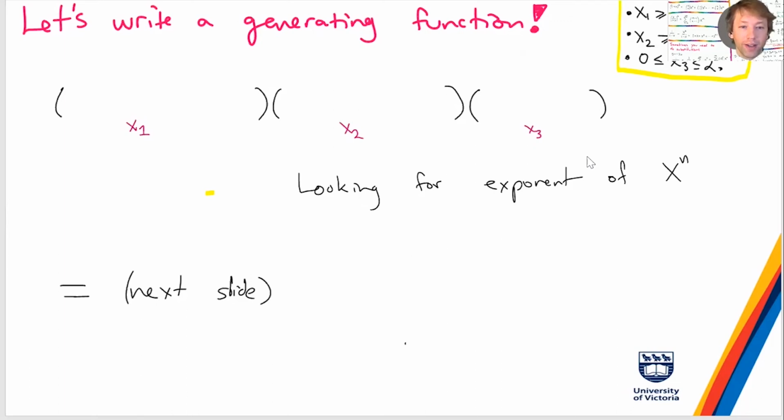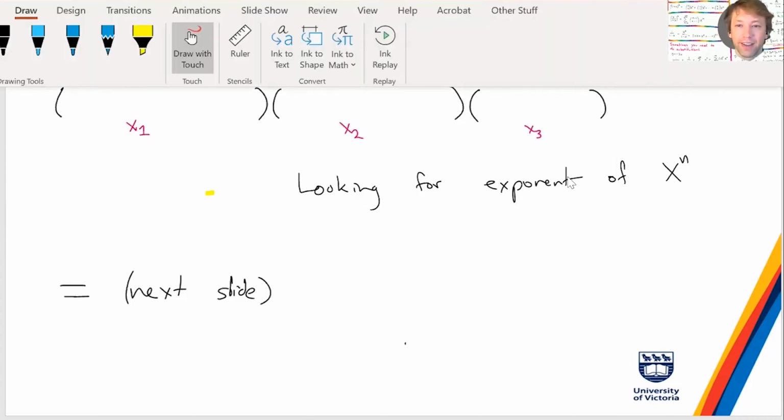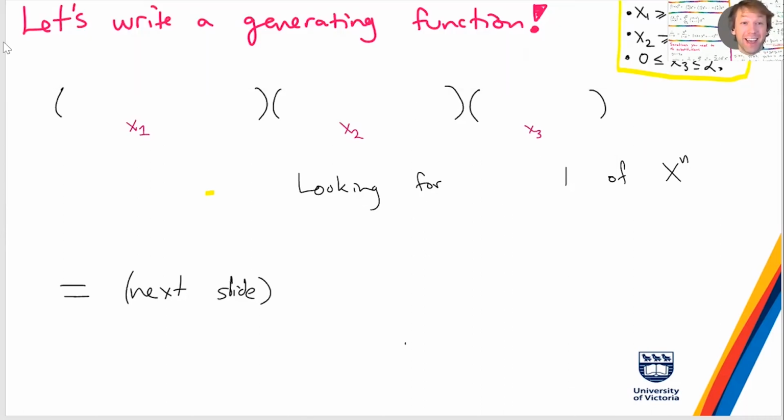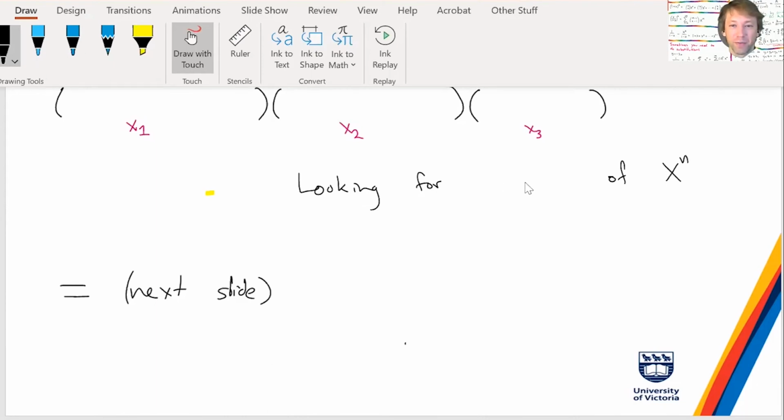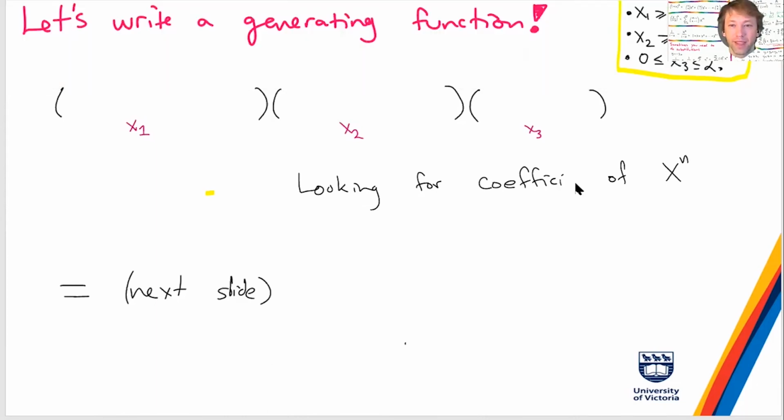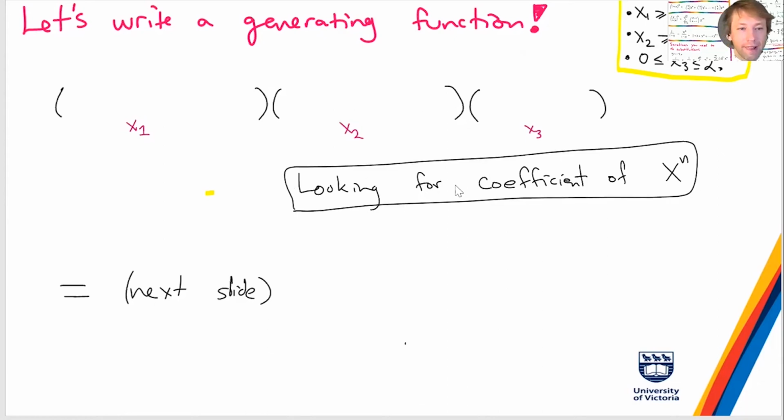Sorry, the coefficient of x to the n is what we want, not the exponent. Sorry if I sometimes get the words mixed up. Thanks for correcting. The first thing here corresponds to x1. So what should I write here?